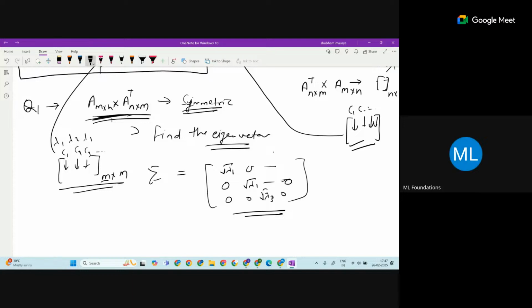What will we say about the eigenvalues? They could be negative or positive because it's scaling or shrinking. But in SVD, it is said that it has to be positive. That's the question the other person is asking: what if they are negative?